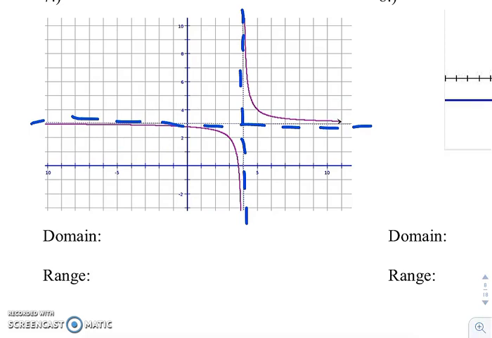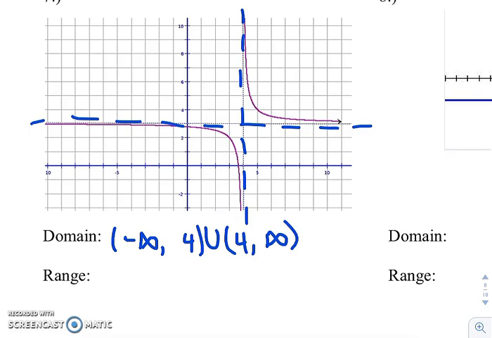of positive 4. So how we show that is everything to the left of 4, everything to the right of 4. And we're showing that gap or that space right there at the value. So everything up to 4, we're going to skip over 4 and then keep on going.